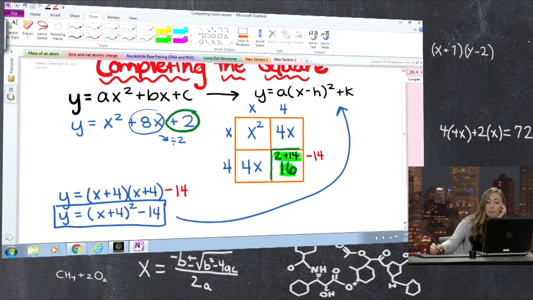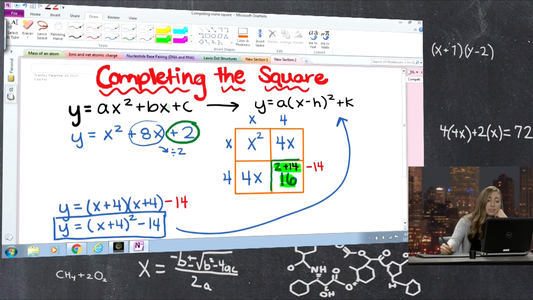I found the missing piece that would make this a perfect square, a 4 by 4 square, and I added it to complete the square and then subtracted it to keep my equation balanced and keep my equation the same and equivalent as what it was before. So this method is just one of the methods to take an equation from general form or standard form to graphing or vertex form. But hopefully that helps and gives you an idea of one of the ways to do this.